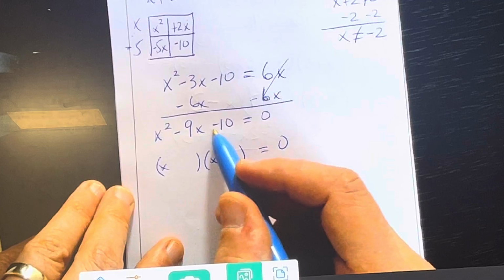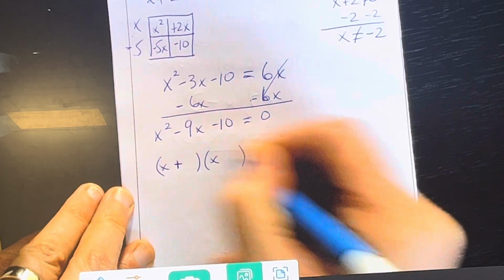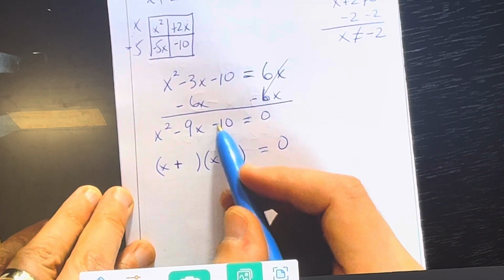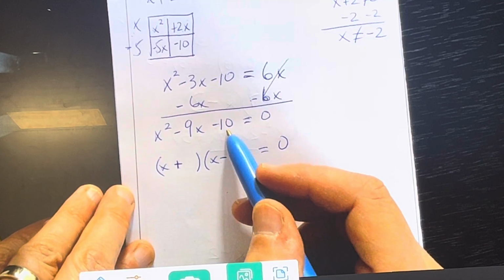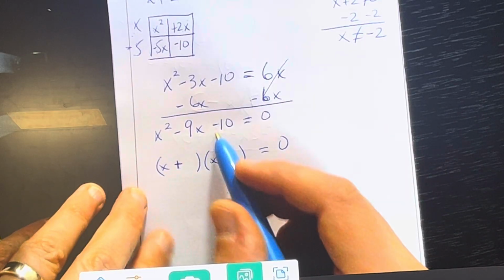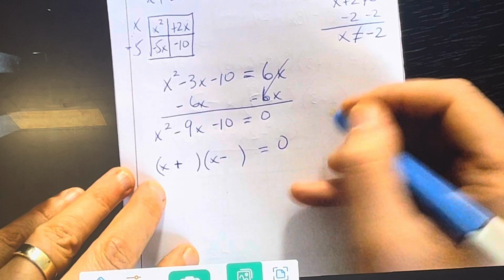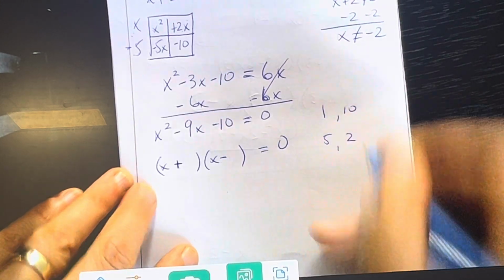So because this comes out as negative, we need x plus a number and x minus a number so that plus times minus will equal minus. Our choices for 10 are either 1 and 10, or 5 and 2. So let's list those out really quickly. 1 and 10, or 5 and 2.